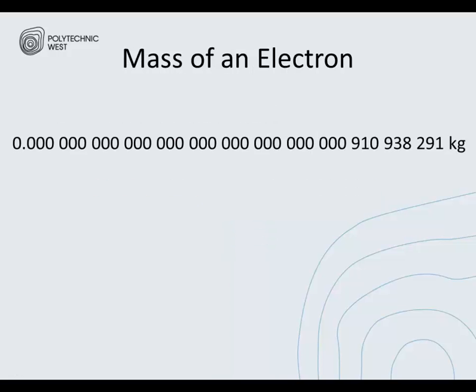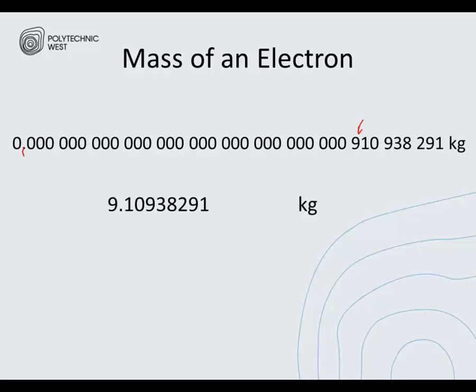Small number now, the mass of an electron in kilograms. We find the first non-zero digit, and bung the decimal point to the right of it. So that's just there. That's the 9, first non-zero one we got. And then we count how many times we need to shift the decimal point to get there.